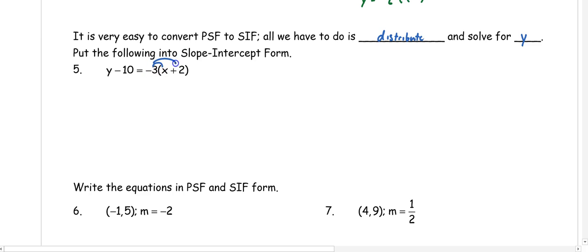We're going to distribute -3 into the parentheses, so y minus 10 is equal to -3x minus 6. And then to solve for y, we need to move the number to the other side. So we're going to add 10 to both sides. So y equals -3x plus 4.